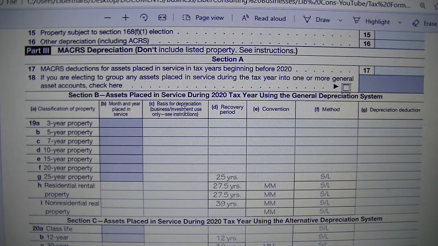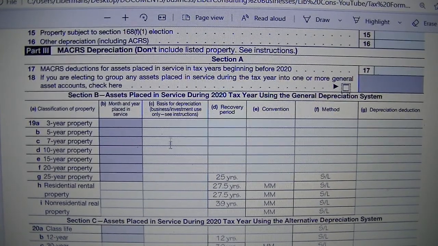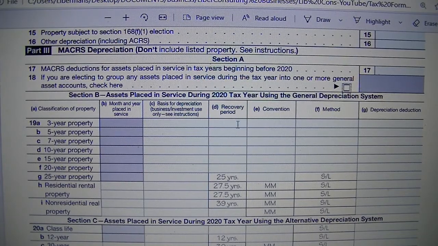And basis for depreciation, C, business and investment use only, will go under C. D is recovery period. E is convention, and F is depreciation method.